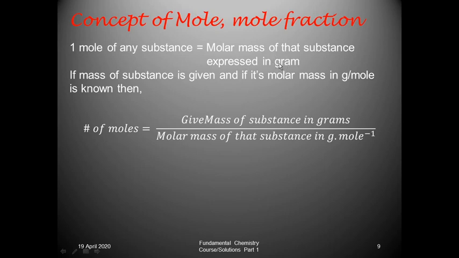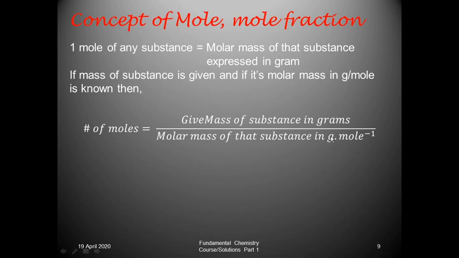If the mass of a substance is given and its molar mass in gram per mole, how do you know the number of moles of that compound or component? This is the simple formula: number of moles equals the given mass of substance in grams divided by the molar mass of that substance expressed in gram per mole, not kilogram per kilomole or millimole.